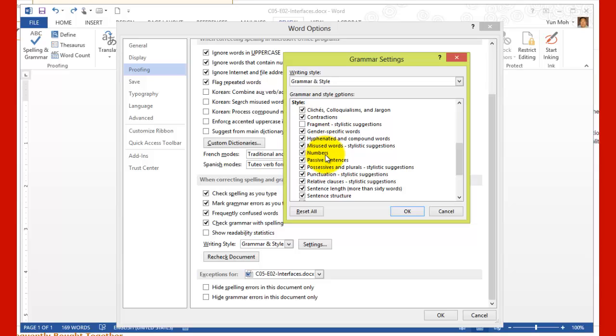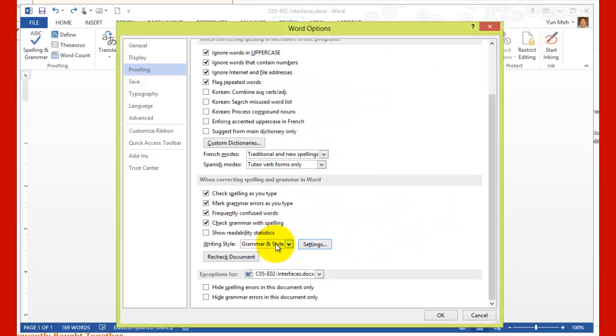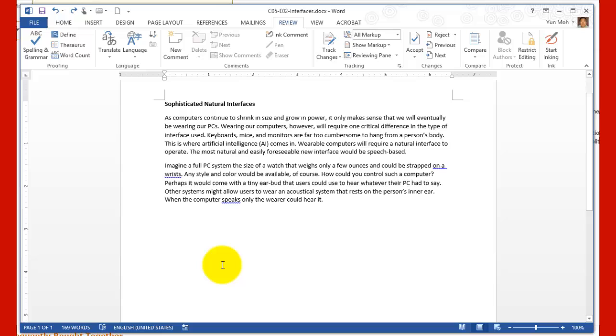Contractions, hyphenation, numbers, passive voice, and that sort of thing are styles. So it will check not only grammar but comprehensive styles as well. Let's go ahead and click on OK, and then you'll see something else.